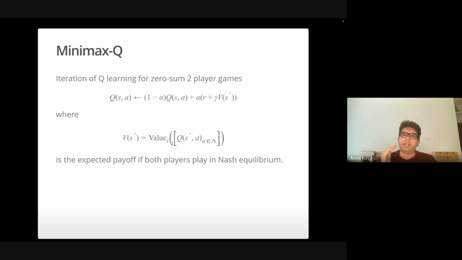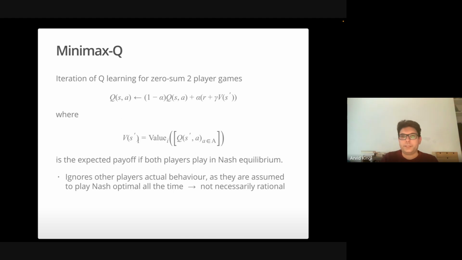If we assume that the other player is completely rational, then this again becomes a standard matrix strategy game, and we can solve it with a Nash solver, and assign our expected value of the next state, and so we can then try to move in that direction. Now that is guaranteed to converge.